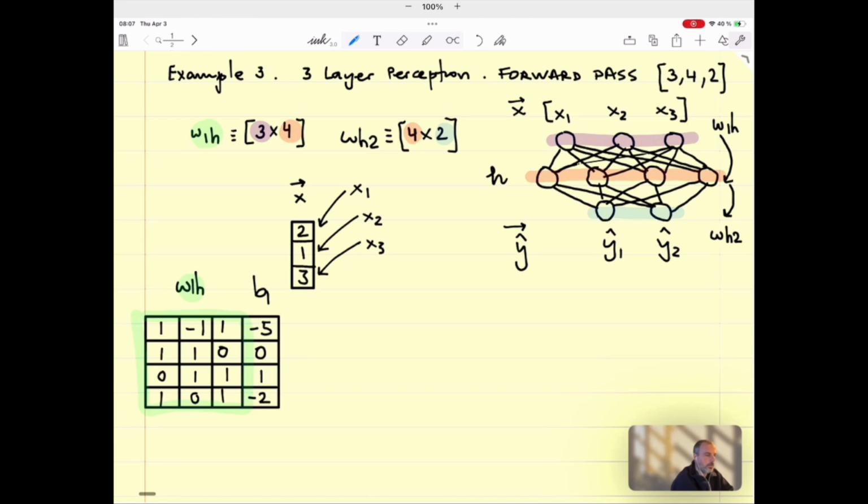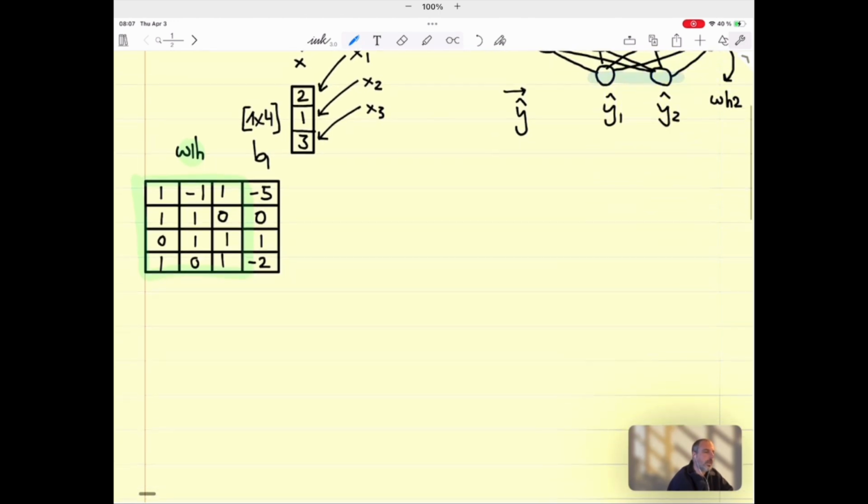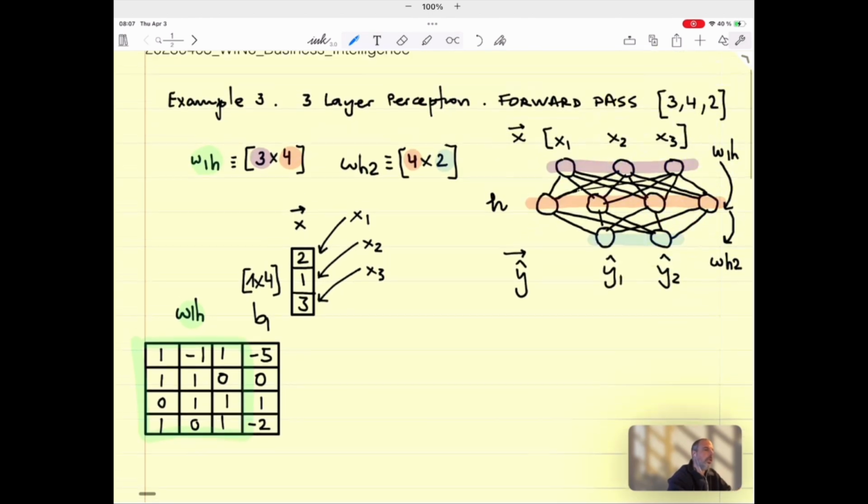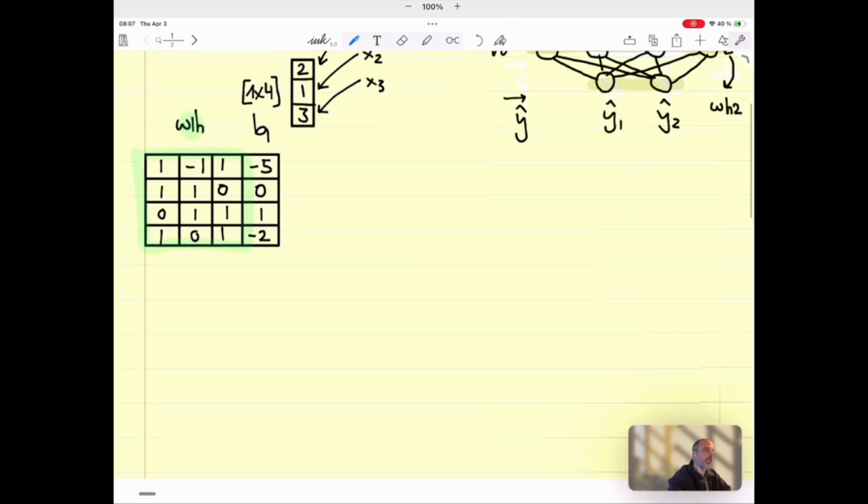So the bias, of course, has dimensions 1 by 4. Otherwise we cannot multiply and add up. And okay, so this is the first one, and the second, the weight matrix H2 has dimensions 4 by 2.